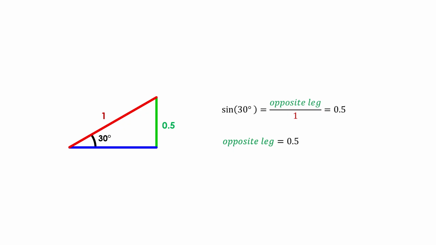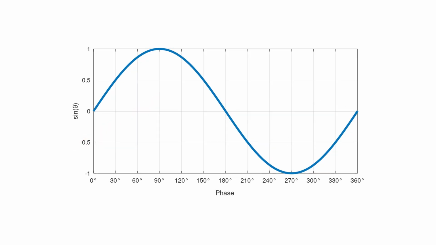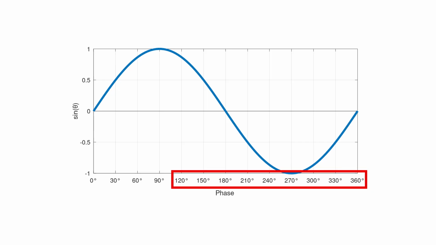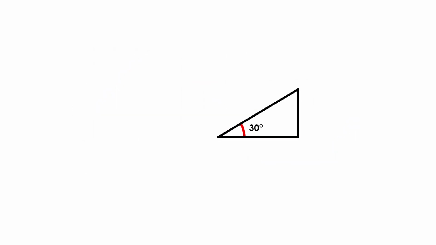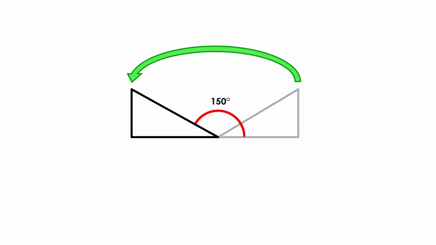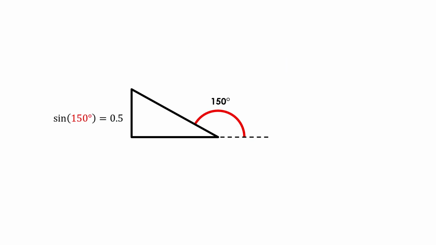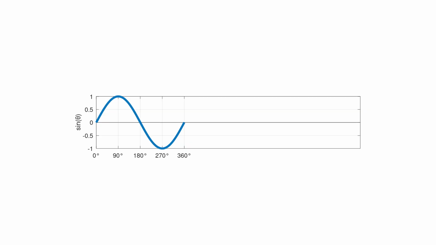If we plot the sine function with angles from 0 degrees to 360 degrees, we get this curve, which we know as a sine wave. In fact, it is called a sine wave or sinusoid precisely because it comes from the trigonometric function sine. The reason why we can calculate the sine of angles greater than 90 degrees is because in those cases the right triangle flips. And if we calculate the sine of angles greater than 360 degrees, the pattern simply repeats.